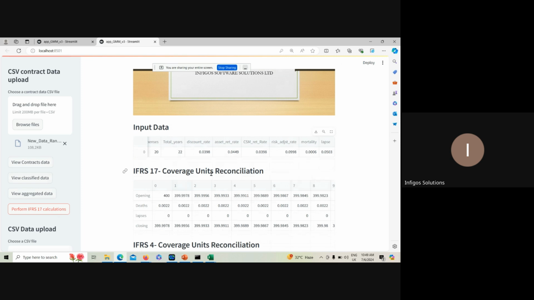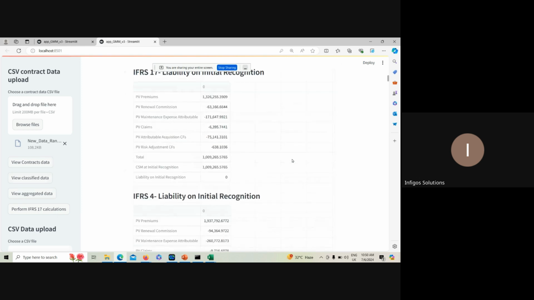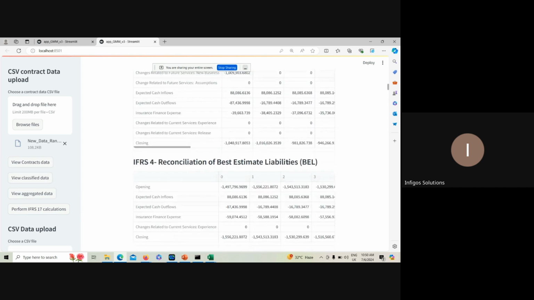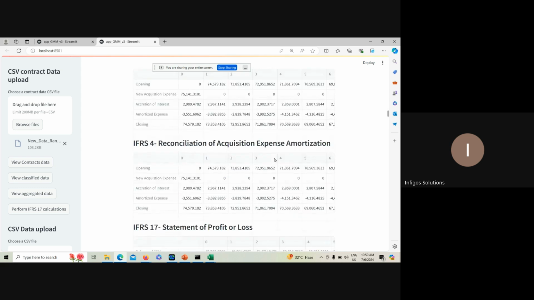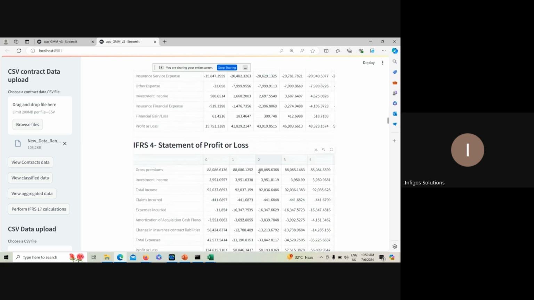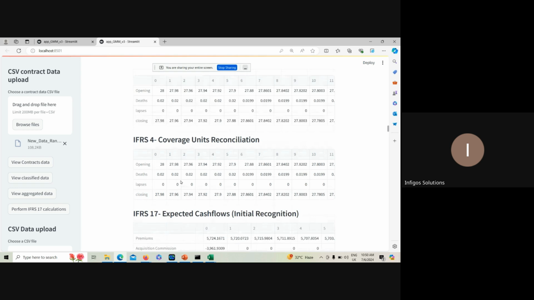So this is for the first 400, all the calculation. This is for the next 28, all calculation.